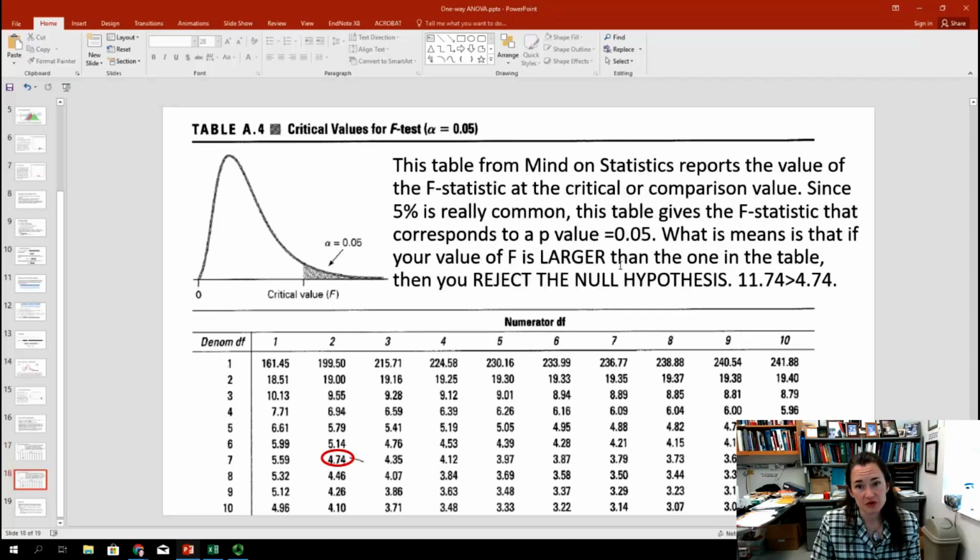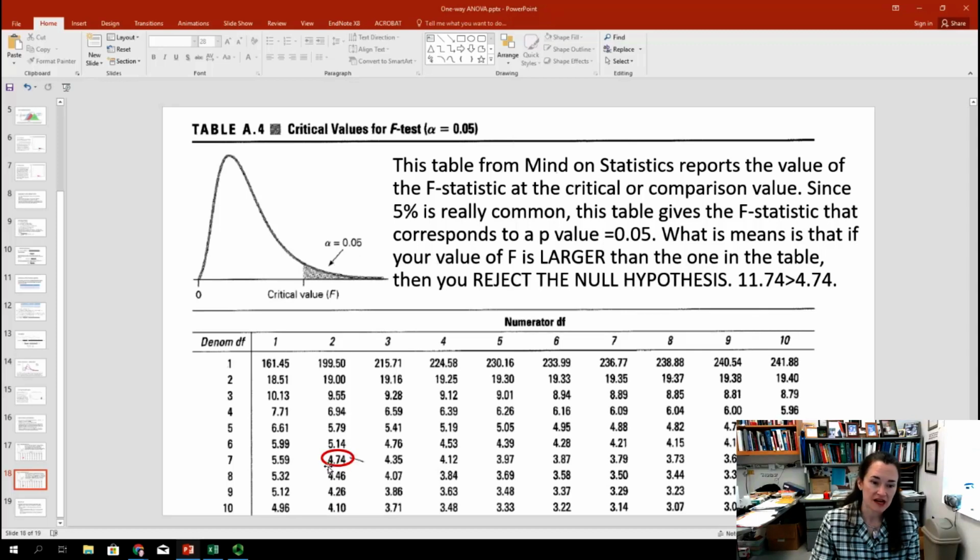Now, this table from Mind on Statistics reports the value of the F-statistic at the critical or comparison value. You can see there's a little cartoon in the upper left, and it shows you alpha equals 0.05. So this is the threshold value of F, and if you integrated from that critical value of F to infinity, you would get 0.05.